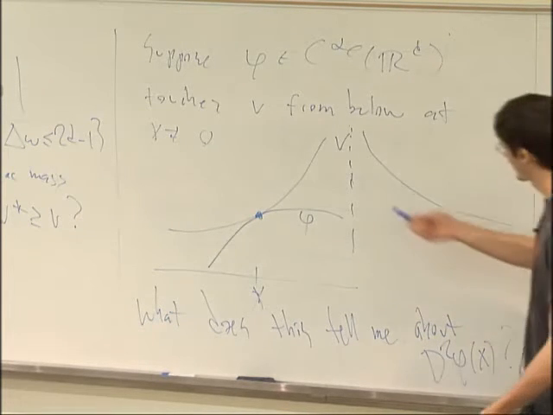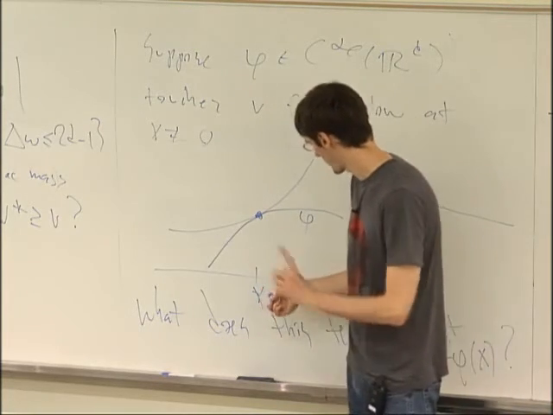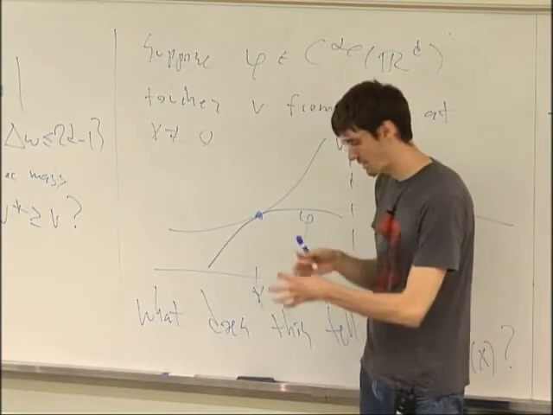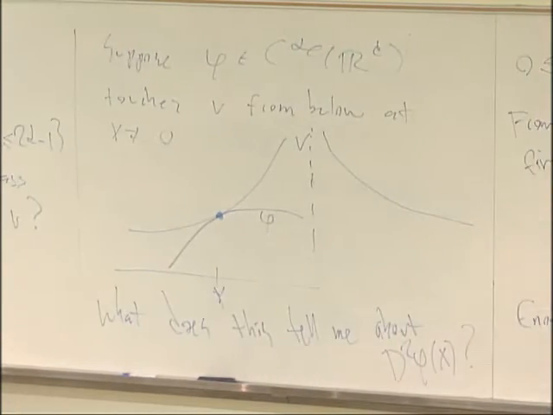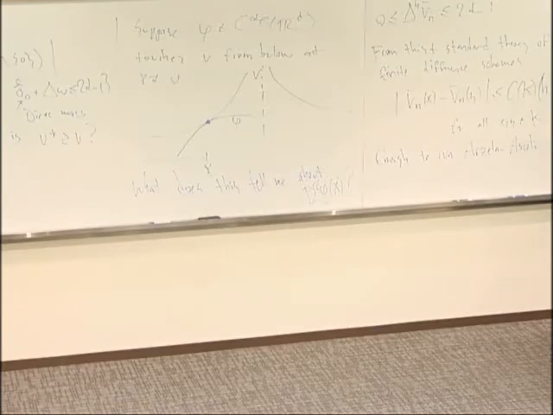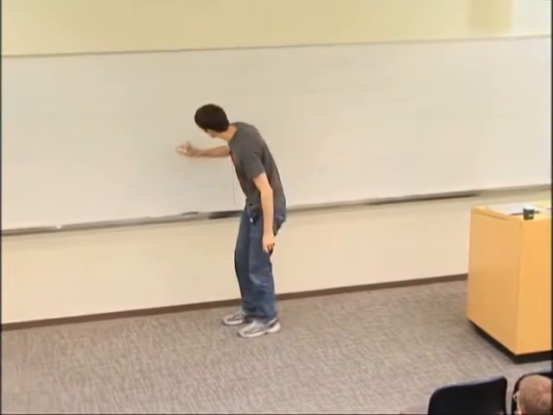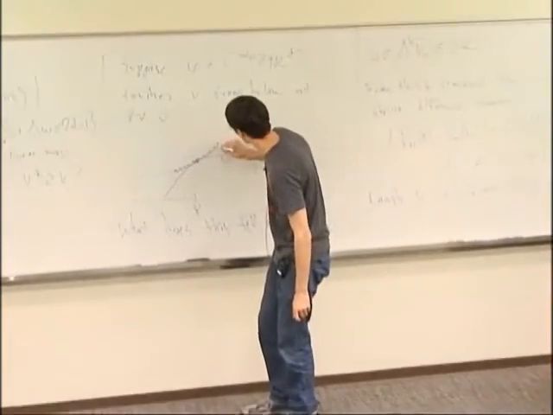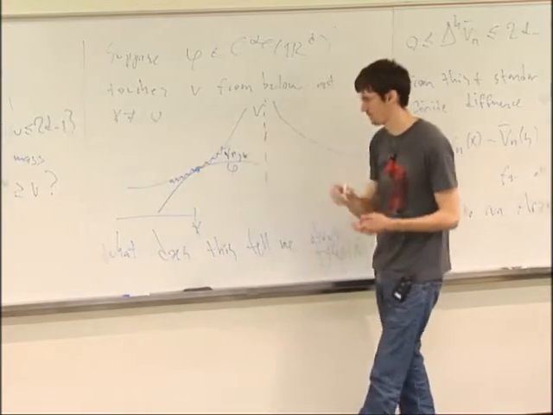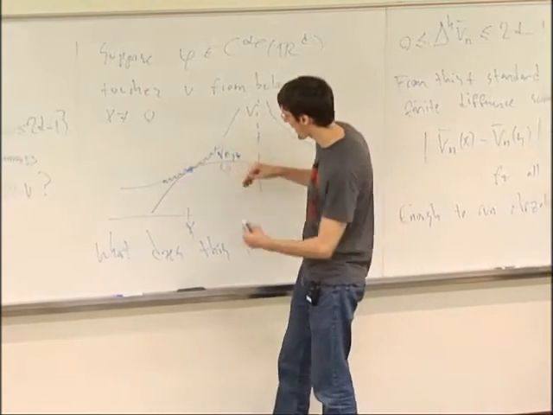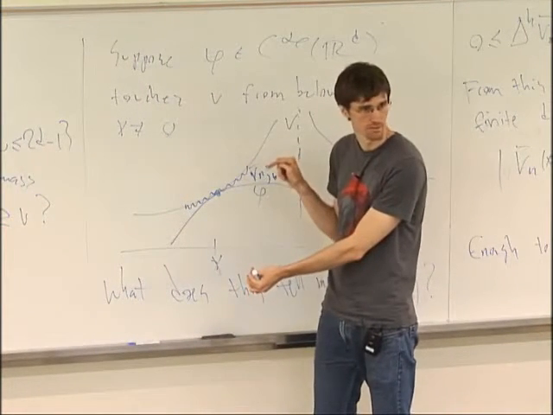Well, I don't really know very much about v, but I do know one thing. I know that in a little neighborhood of x, these approximations are converging uniformly. So I can pick a finite approximation, some v bar_{j,k} for some big k, that's sitting close by, and by maybe adjusting phi a little bit, I can get it to touch the finite approximation if I want.